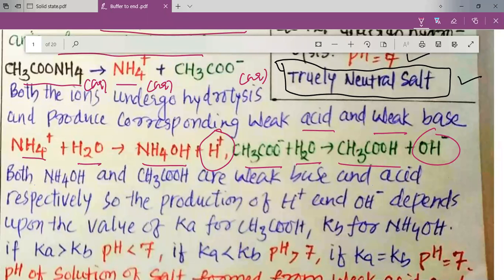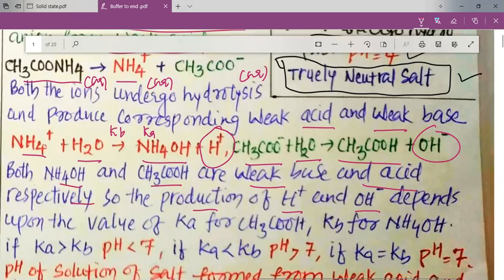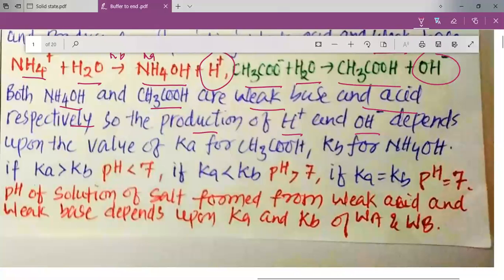That is what we can determine by finding the values of Kb and Ka for this weak base and weak acid. So both NH4OH and CH3COOH are weak base and weak acid respectively. So the production of H+ and OH- depends upon the value of Ka for CH3COOH and Kb for NH4OH.